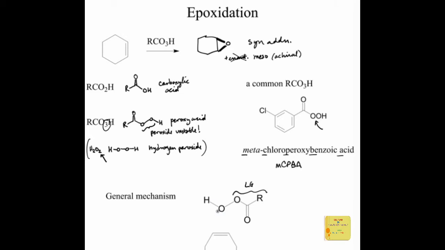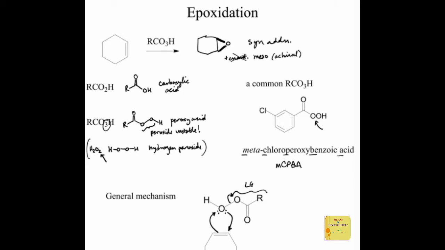And what happens is the pi bond of the alkene attacks the carbon and kicks out the leaving group. But at the same time, this lone pair adds back in and forms the three-membered ring. So we saw this similar mechanism for the oxymercuration forming the mercurium ion. We saw this with Br2 to form the bromonium ion.